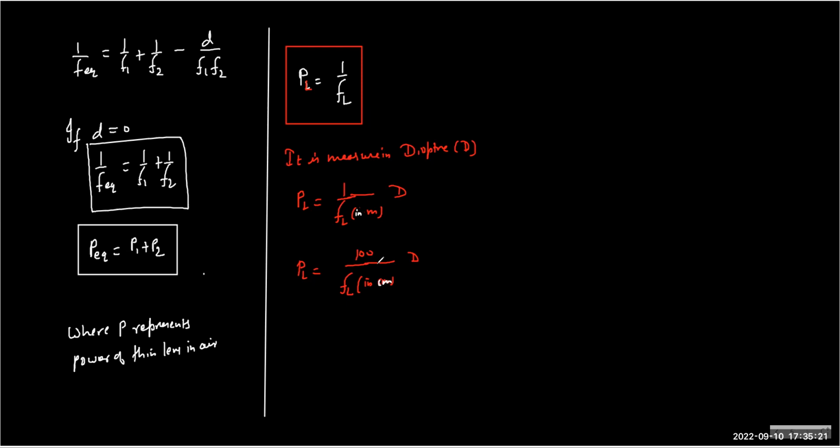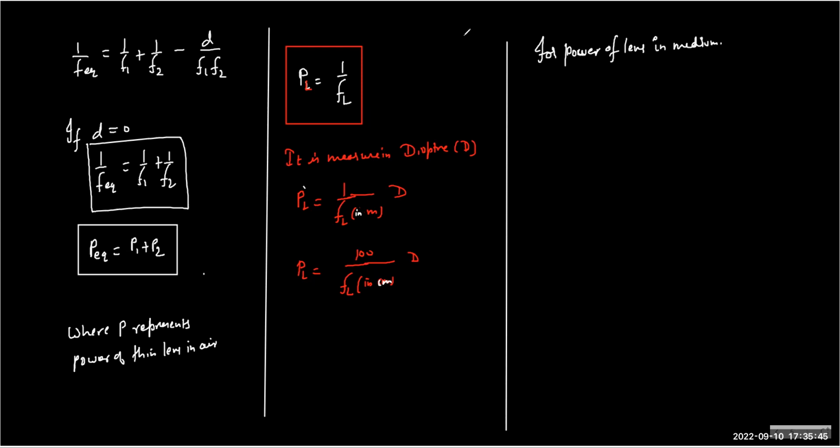And these are all formulas for power of a lens in air. For power of a lens in a medium, we write power of lens equals mu of medium upon f of lens.